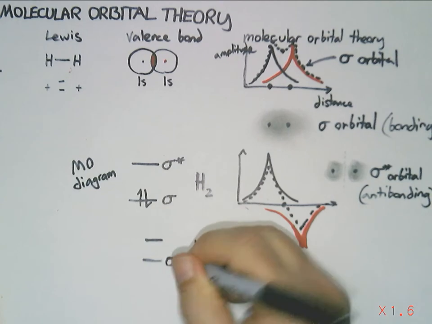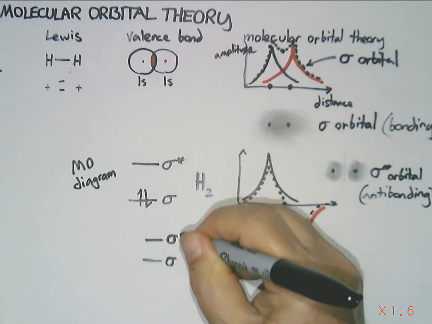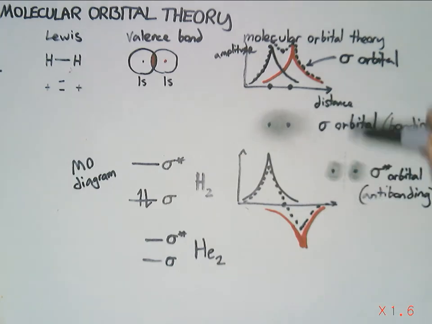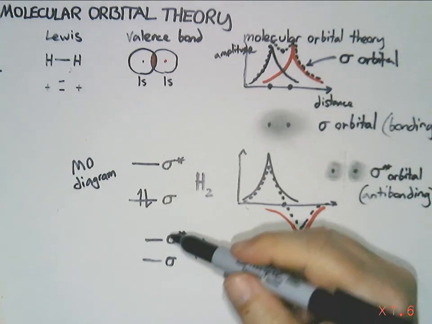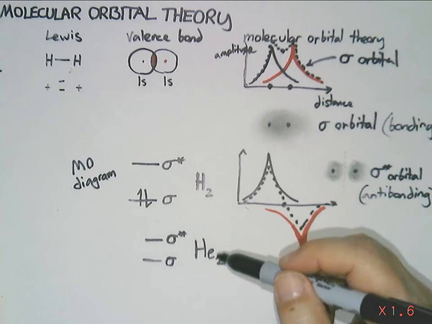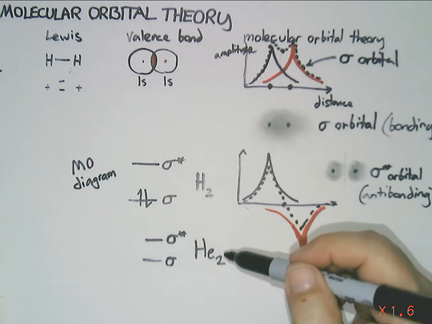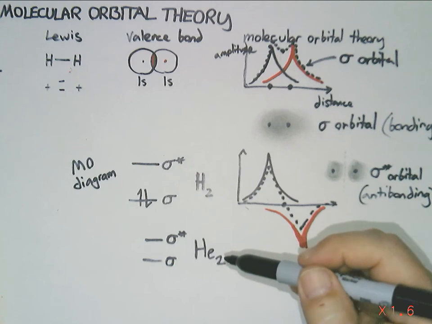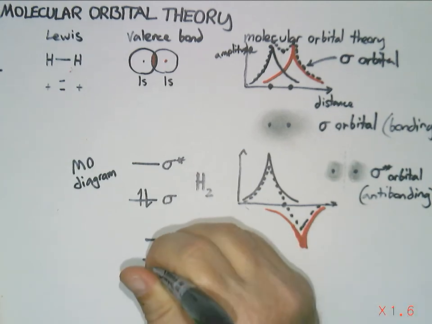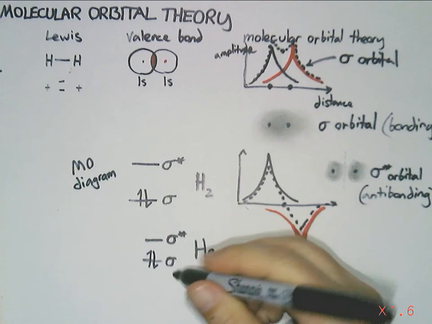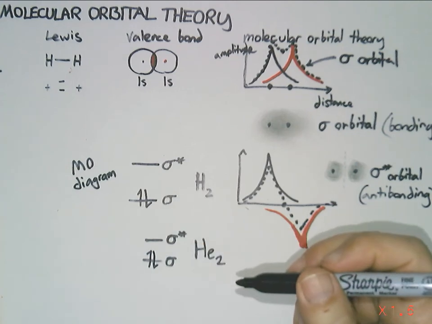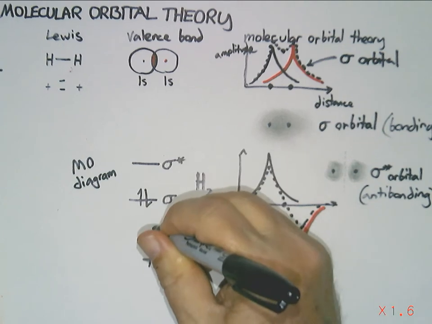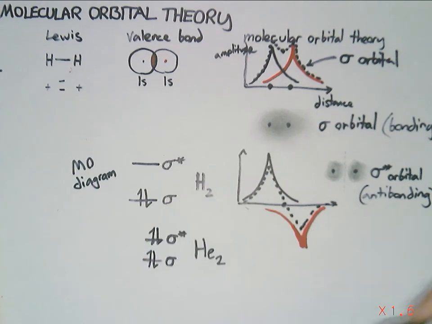We have the same molecular orbital diagram because we're building the same 2 molecular orbitals here, a sigma orbital and a sigma star. But how many electrons do we have in helium now? Each helium has 2 electrons, so we have a total of 4. 1, 2. Now that one's filled because 2 is all you can fit into that orbital. 3, 4.